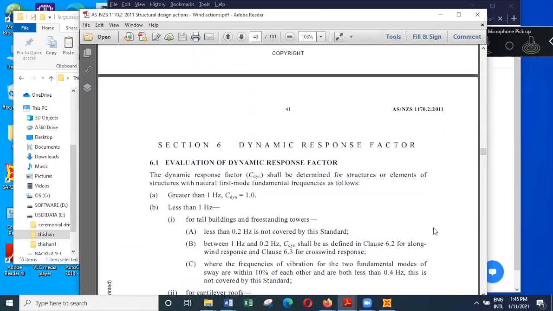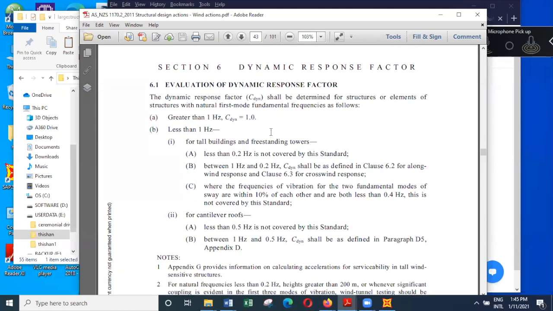And then we come to the tall buildings. In this particular code, any building having a natural frequency of less than 1 Hertz is considered a tall building or wind sensitive building.